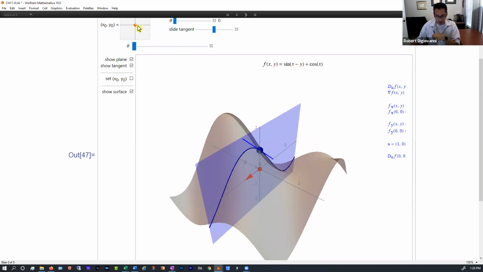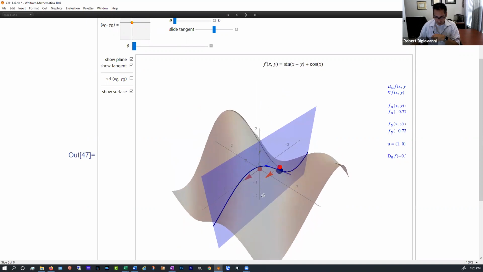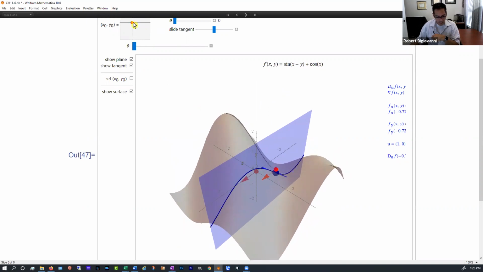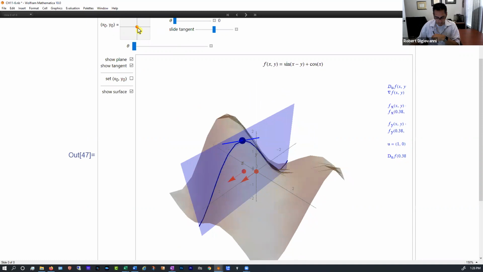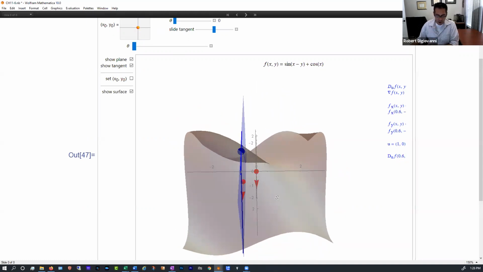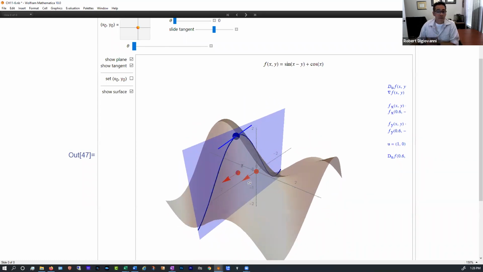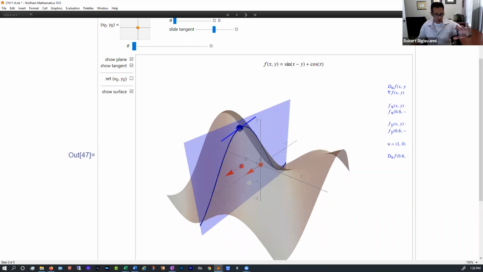Now let me move my point. Let me move it the other way. So now I've moved my point to a different position, but again, it's like I'm holding y constant. So this is nothing different so far.